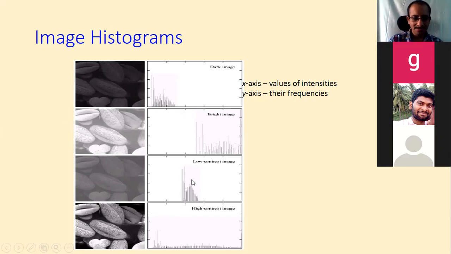But however, think of a scenario. Assume that these are all black intensity, so you see that it's mostly towards the darker side. Now I will put some white noise here, that is, I will add some salt noise here. Do you know what I mean by salt noise?